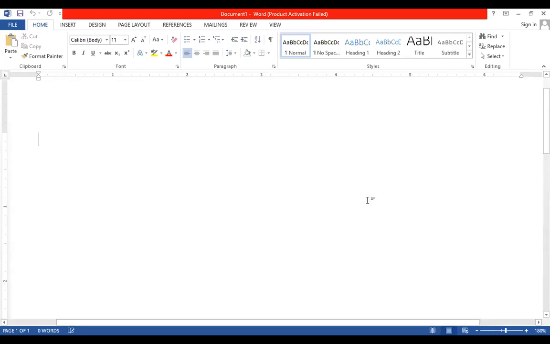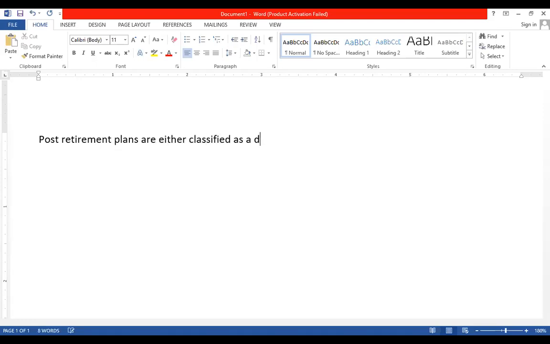So what we can say is that post-retirement plans are either classified as a defined contribution plan or as a defined benefit plan.